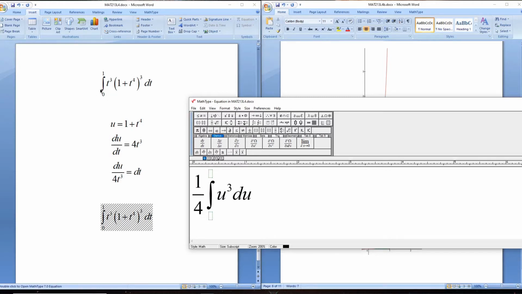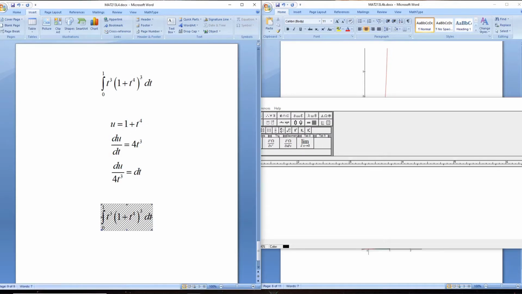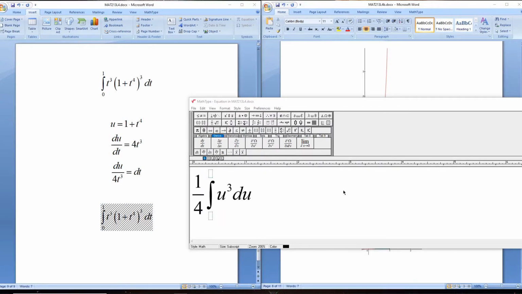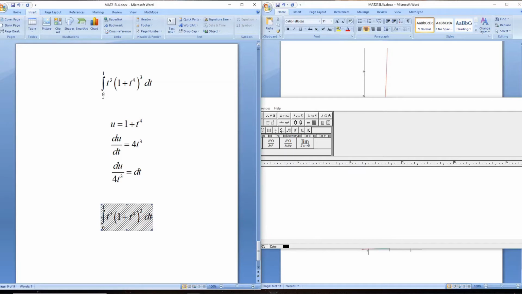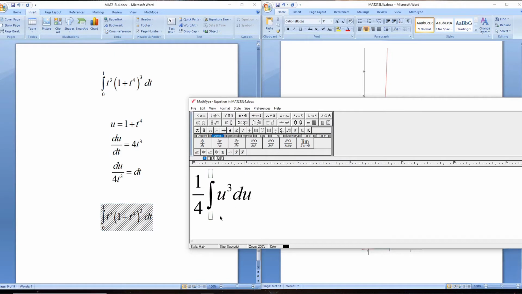Now the integration limits originally are in terms of t, 0 and 1 are in terms of t. So we need to get these numbers now in terms of u, and we have our equation to do that. So if we plug in t equals 0, the bottom limit, then u equals 1.